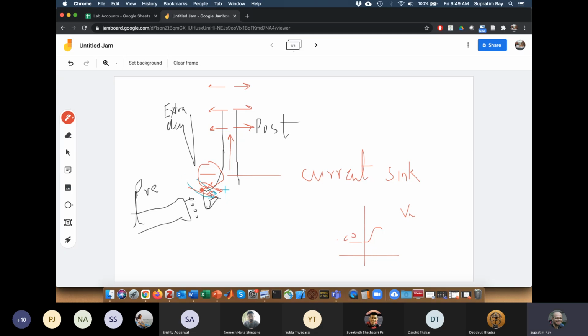module, where we looked at the currents that are going in, and there was a capacitive component and an ionic component. But that total current, which is the sum of the ionic and capacitive current, has to be balanced out so that the net transmembrane current is 0.